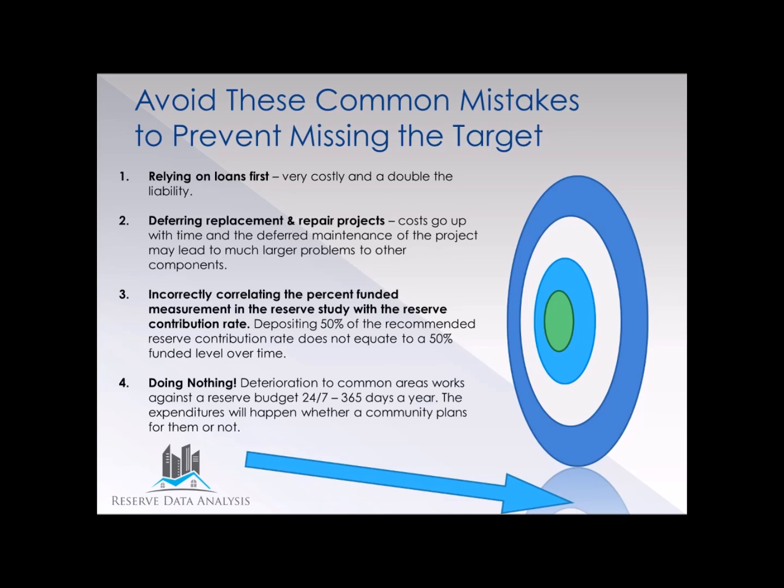So a community that says, well, we're just going to wait and we're just going to utilize the loan when it's time due, what they're saying is they're going to pay 30 to 50% more just because they don't want to budget for it years in advance. And on top of that, the community members at the end, when that cost comes due, are now going to have to pay for it.